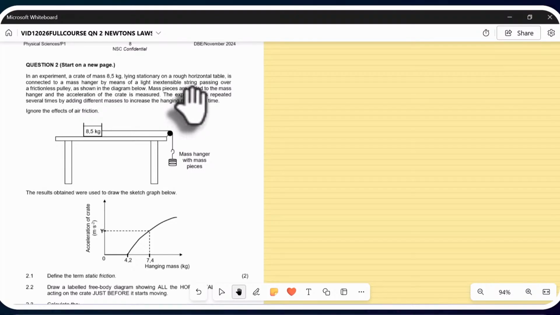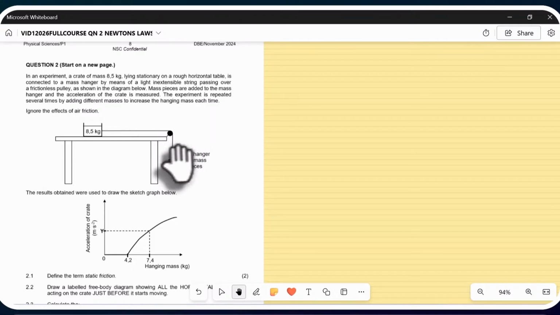The string passes over a frictionless pulley as shown in the diagram below. The mass pieces are added to the mass hanger and the acceleration of the crate is measured. The experiment is repeated several times by adding different masses to increase the hanging mass each time.